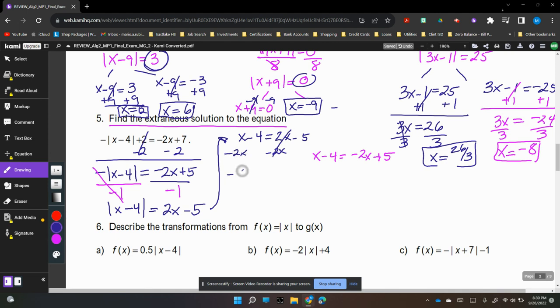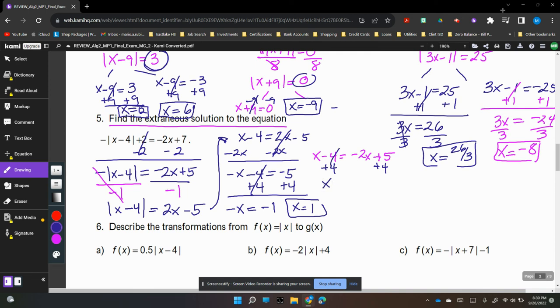That becomes negative x minus 4 equals negative 5. Then I'm going to add 4. And then I just want to make sure I don't have negatives in front of the x, so I switch the sign, so x becomes 1. I do the same for the second equation.